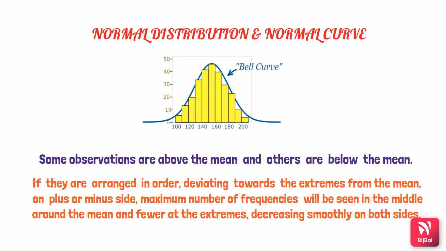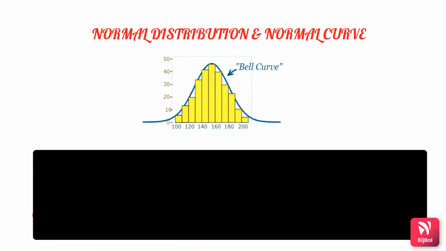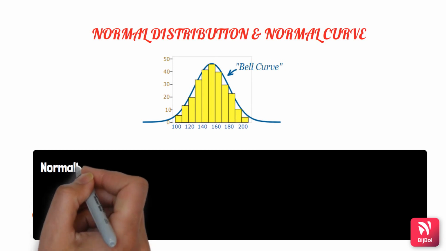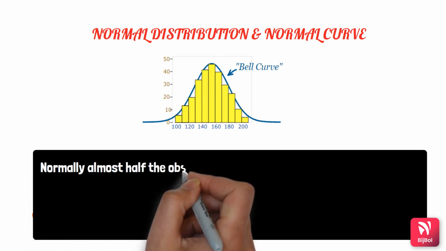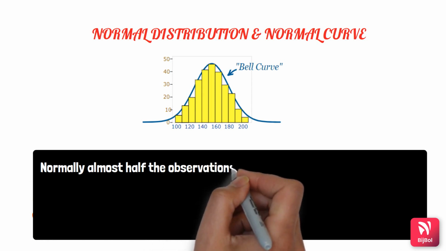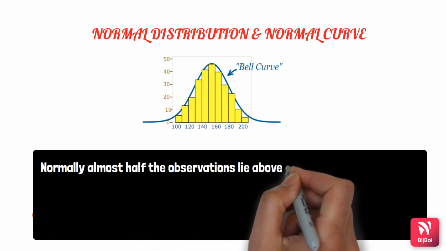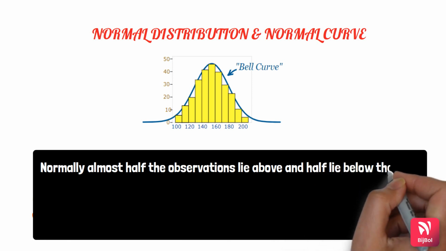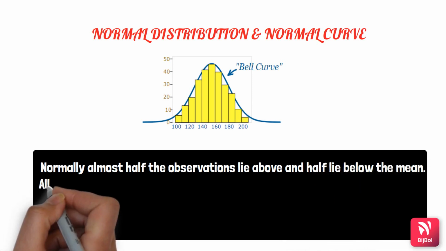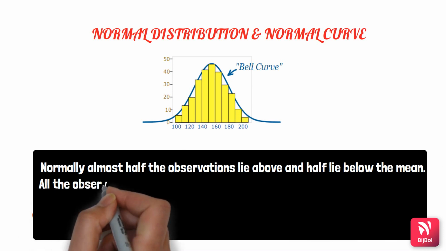And we see that the maximum number of frequencies are around the middle, that is, they are clustered around the mean, and only a few observations are at the extremes, decreasing smoothly on both sides. That is, the normal distribution has a tendency for the data to cluster around the central value.